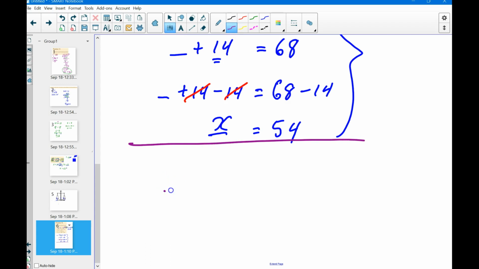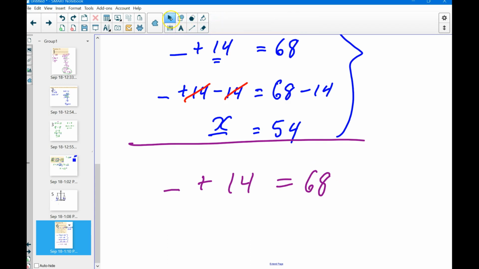If I have a blank spot here and a plus and a 14, equals 68. I'm writing this down slowly because I'm doing this on purpose. You'll see why in a second. Perfect.